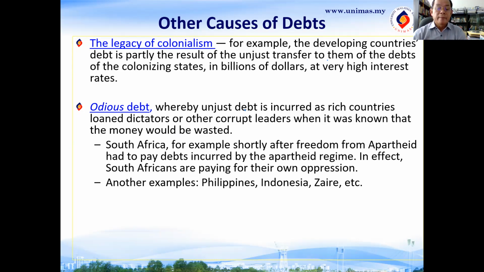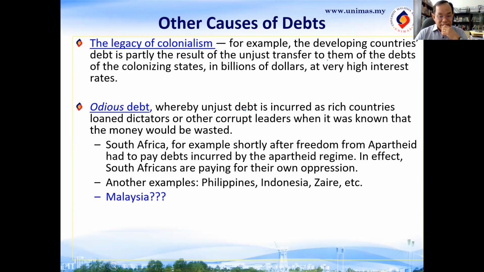All those are examples of corrupt leaders whose debts were not repaid, accumulated and became a crisis. And the current government will have to pay for those loans.